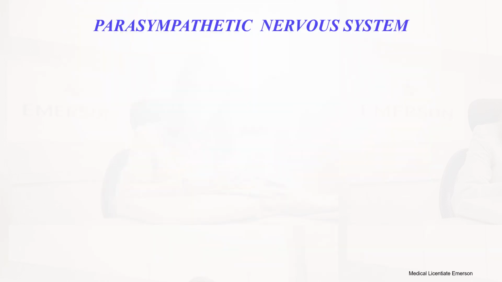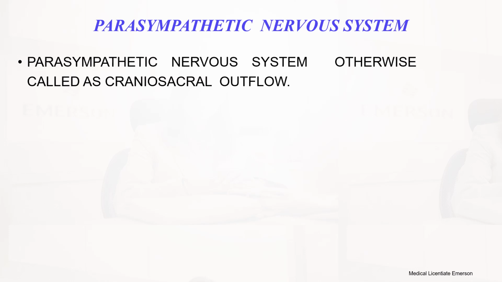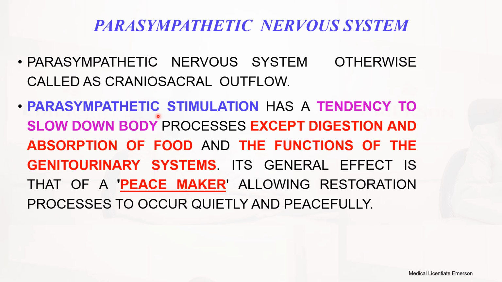Okay, so let's talk about the parasympathetic. So the parasympathetic nervous system, otherwise called the craniosacral outflow, the parasympathetic stimulation has a tendency to slow down processes except digestion and absorption of food and the functions of the genitourinary systems.